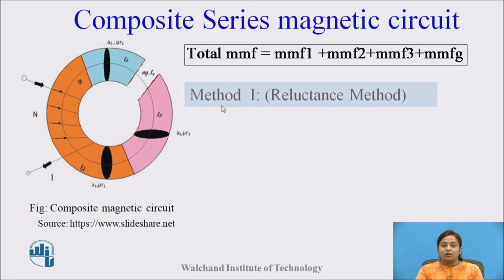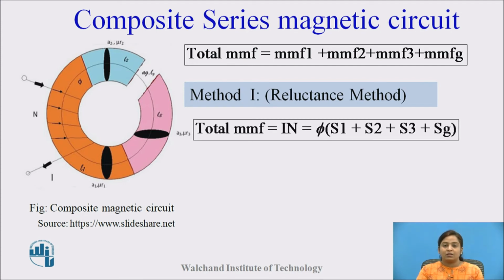Okay, now how can we calculate this MMF? As we have seen in the previous slide, the MMF is calculated by 2 methods. The first method is the reluctance method. By using the reluctance of the individual parts, meaning S1, S2, S3 and Sg, we can calculate the total MMF. Here the flux is the same.